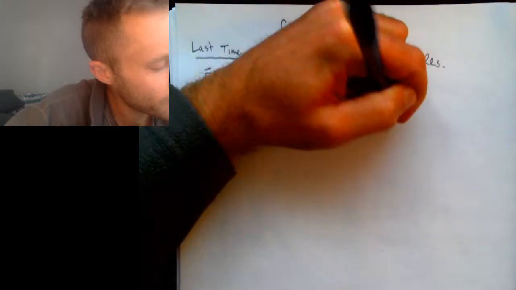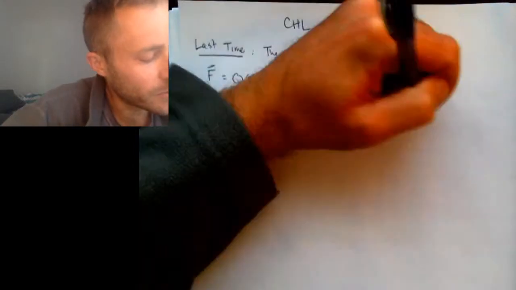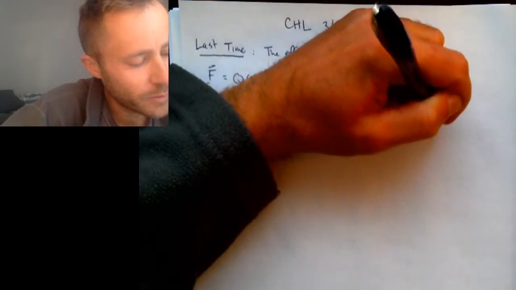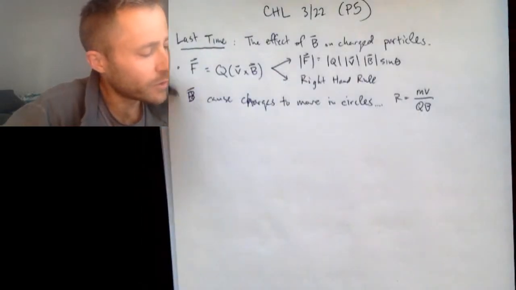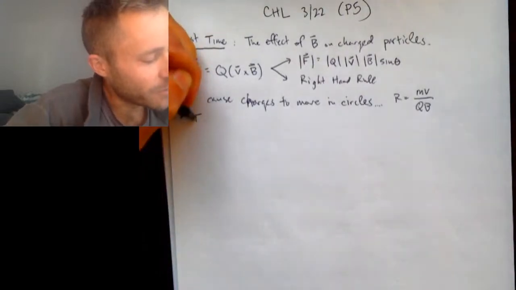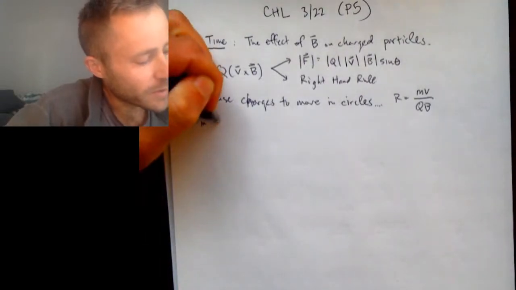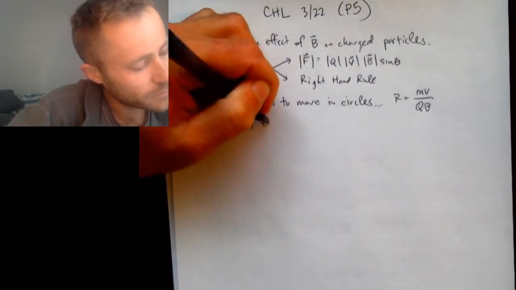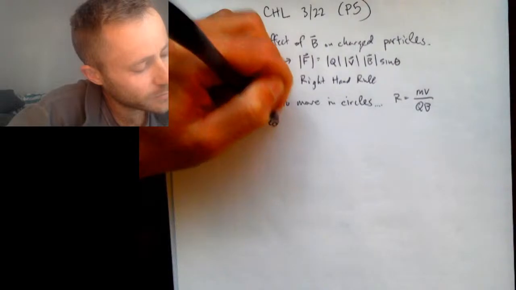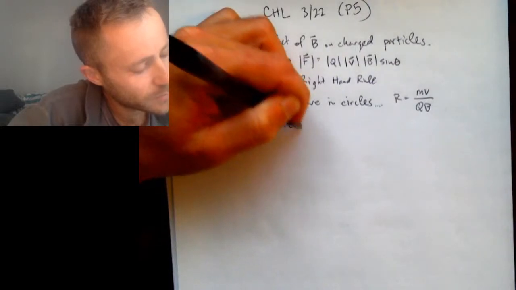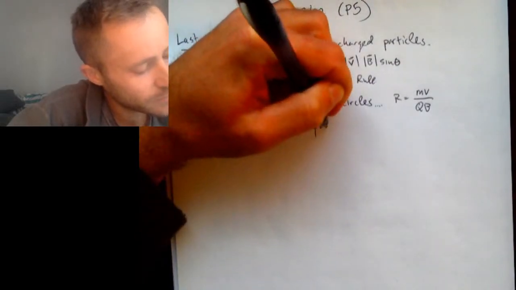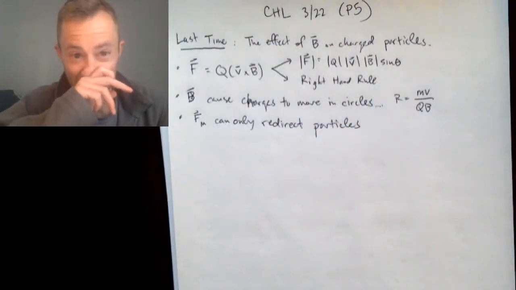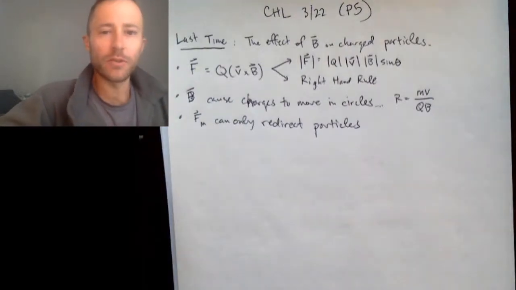And the radius of that circle is mv over qB. We also learned that the magnetic force can only redirect particles. It cannot do any work. It can only redirect.